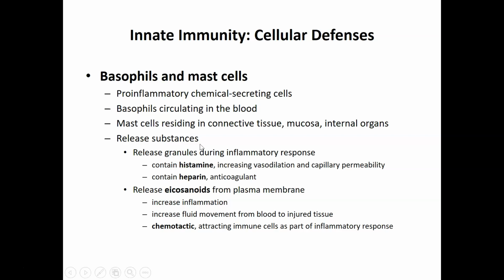The net effect of this is more blood is going to be delivered to a site of infection or damage, and it's going to deliver necessary chemicals to help battle or repair what's going on. They also release another type of pro-inflammatory chemical, eicosanoids, and these are going to serve to increase inflammation, and they're going to attract other immune system cells to the site.